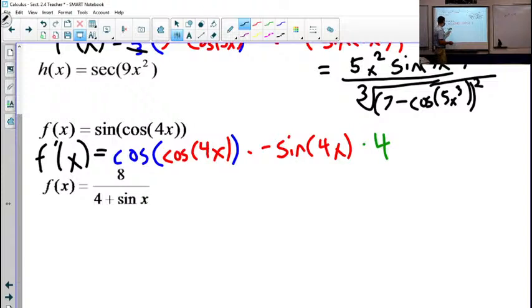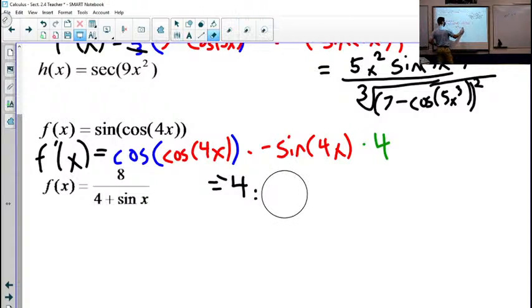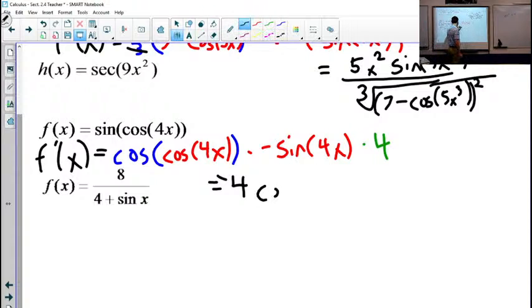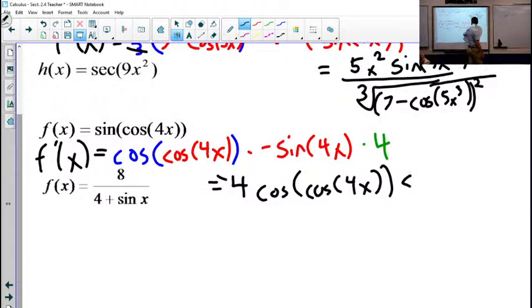So if you wanted to rewrite and rearrange here, we got a 4, there's a negative, and then I'll put a sine of 4x. Now we'll put it in this order. We'll do cosine of cosine of 4x, times the sine of 4x.